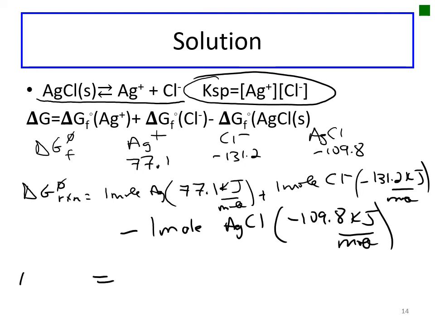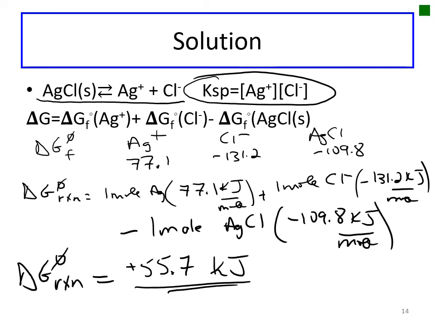And when we put this together, we're going to get a delta G naught of this reaction equal to a value of positive 55.7 kilojoules. Now, we can use this to calculate K.